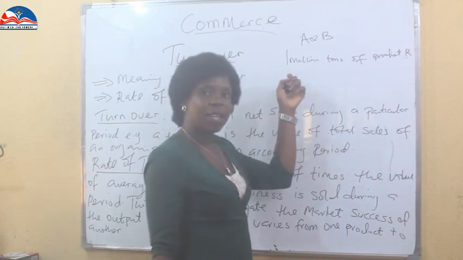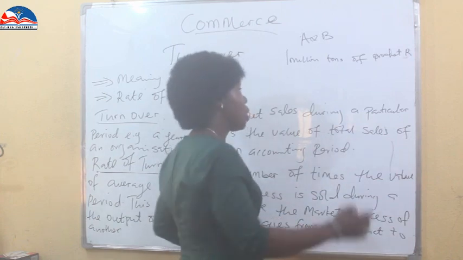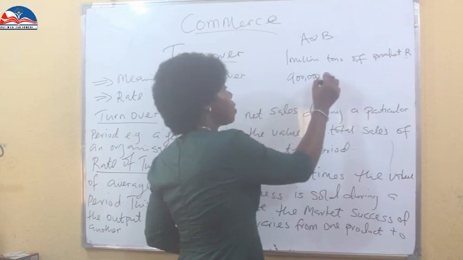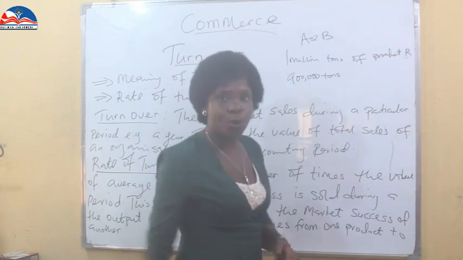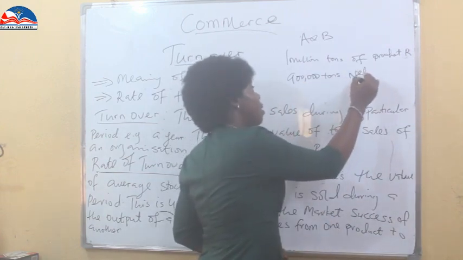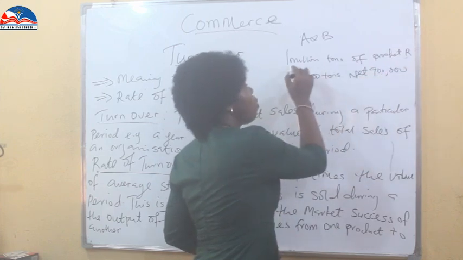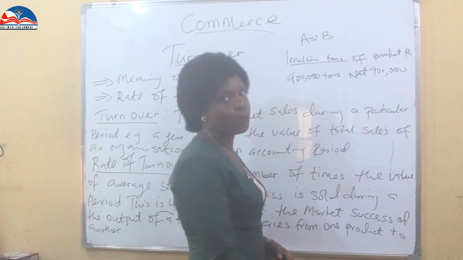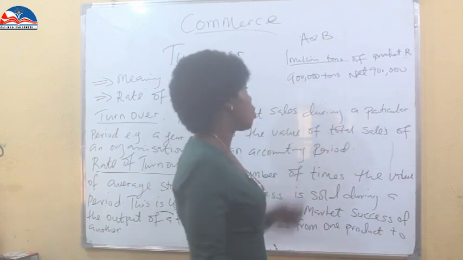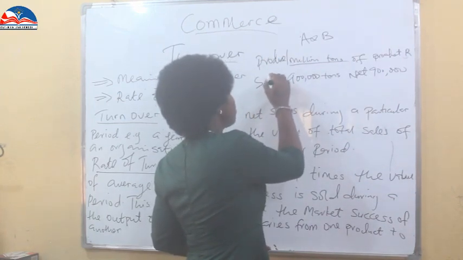And at this rate, at the end of the sales period for the accounting period, they sell 900,000 tons of this product. What is their net sales here? Their net sales here is the 900,000, not the 1 million tons produced. That is, this is produce, and this is sales.